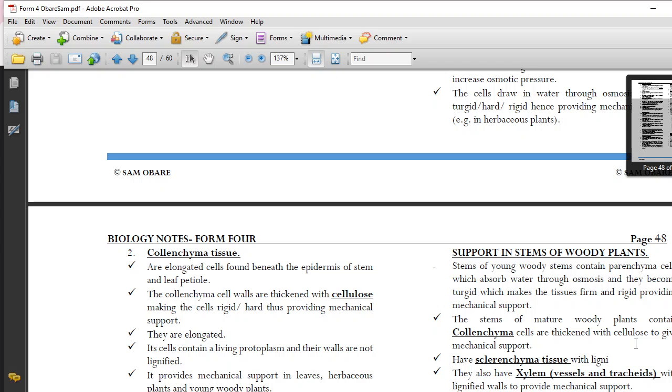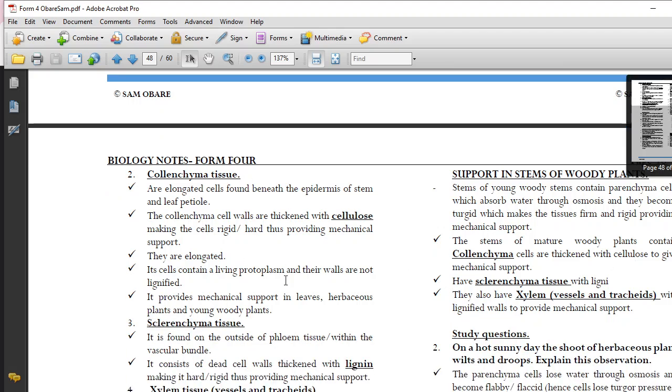Remember again, right from Form 1, in the topic osmosis, cell physiology, we said plant cells do not burst when put in a hypotonic solution. The reason is because they contain a cell wall that is made up of cellulose, which makes it rigid, and therefore it cannot burst, unlike animal cells, which end up bursting when you subject them to hypotonic conditions.